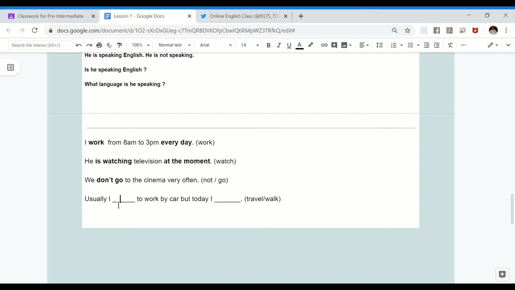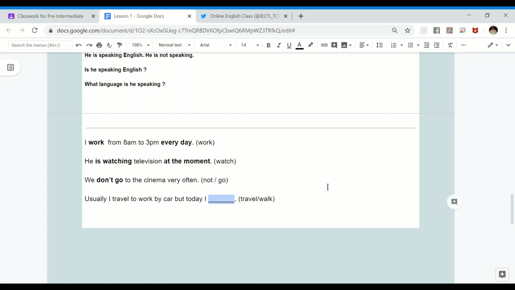First one, do you think this is present simple or present continuous? It's usually, so it's present simple. Usually I travel to work by car, but today I. What do you think this one is?